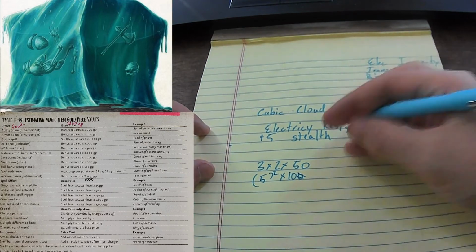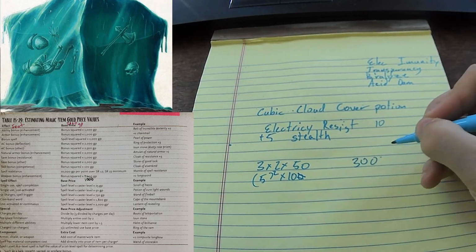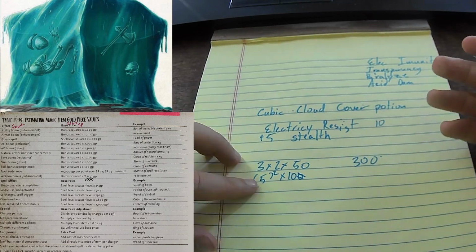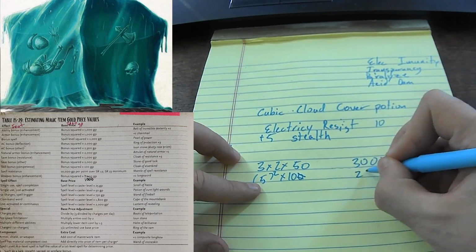All right, so let's bring out our handy dandy calculator. 3 times 2 times 50 equals 300, naturally. Eventually, you'll have this memorized, that a second level spell is worth 300 gold pieces for a potion. And then we're going to add this. So it's going to be 25, so it's going to be 250.